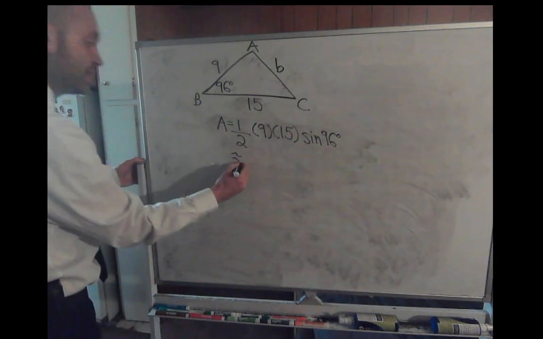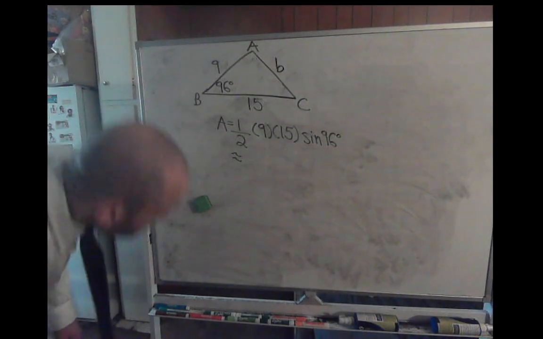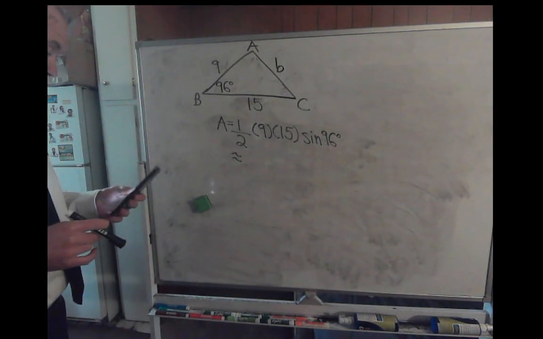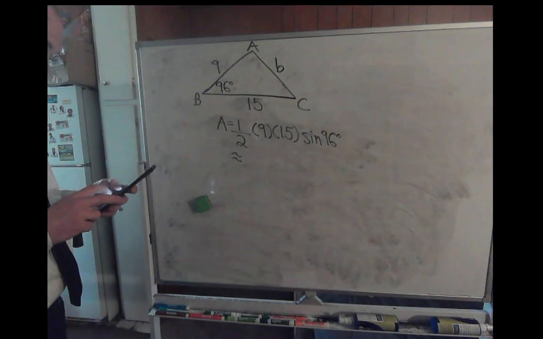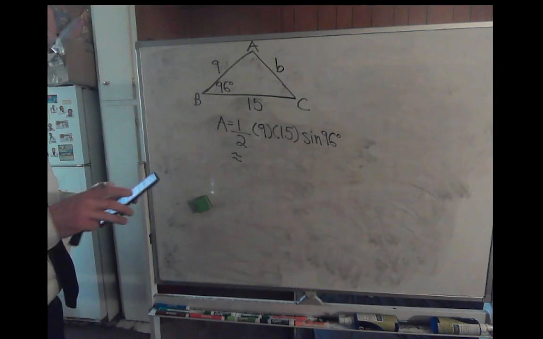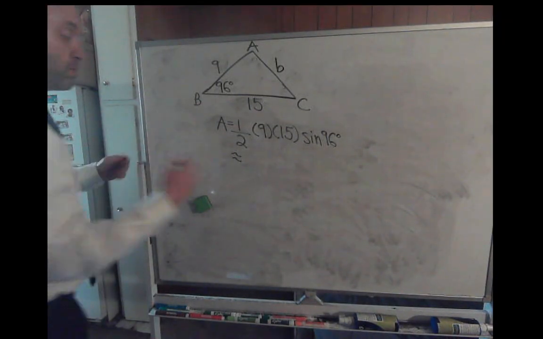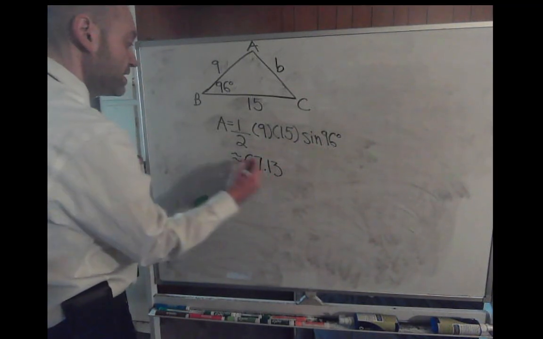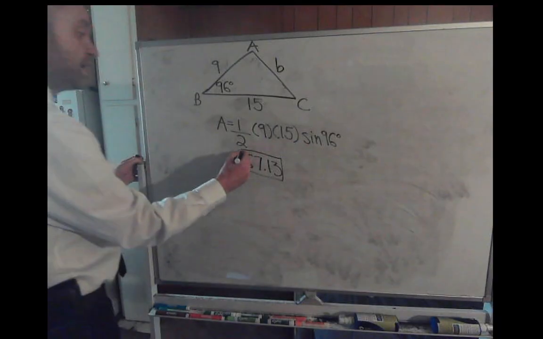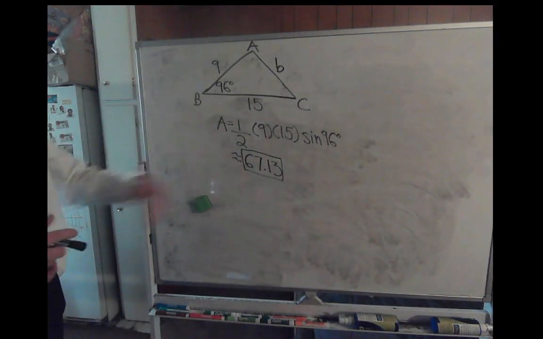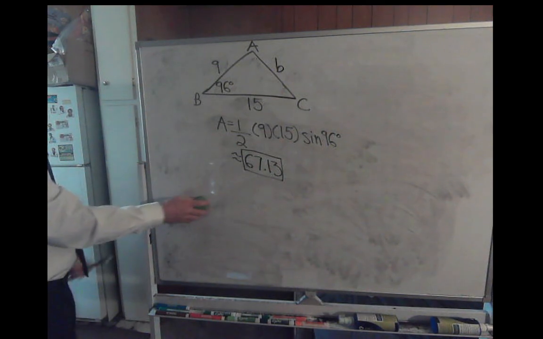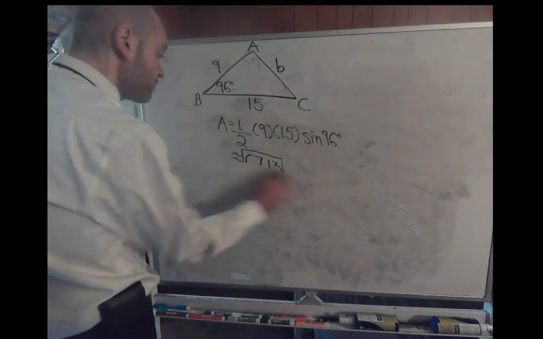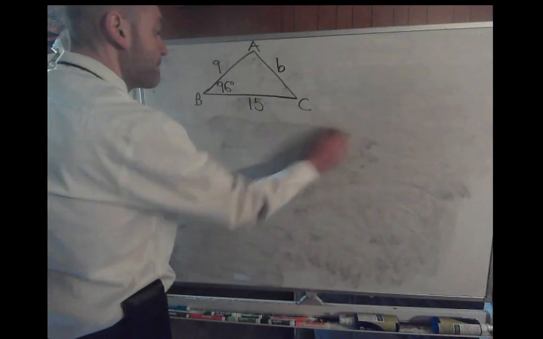Let's see what we get for our approximation. You get about 67.13 square units. So this particular triangle has an area of approximately 67.13 square units.